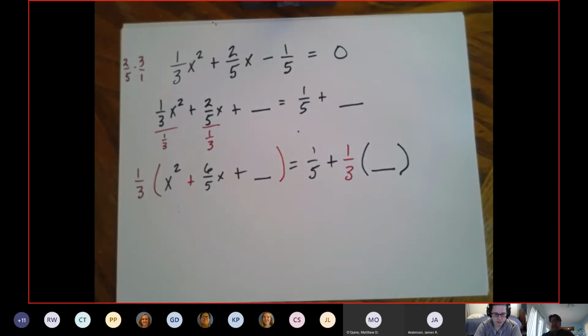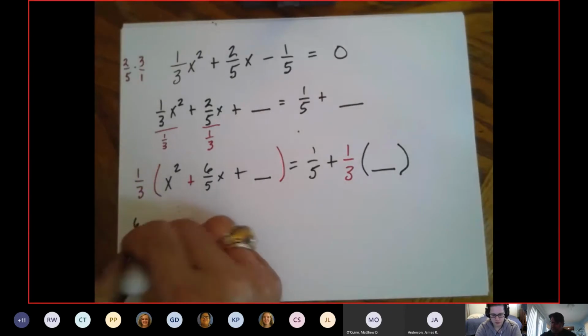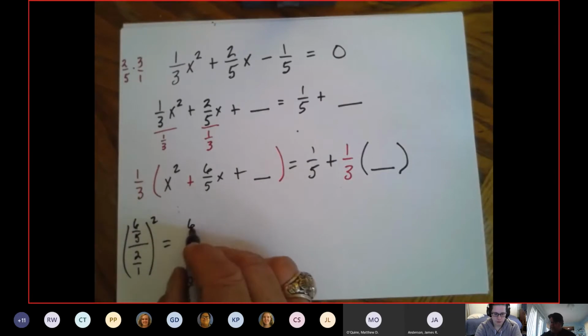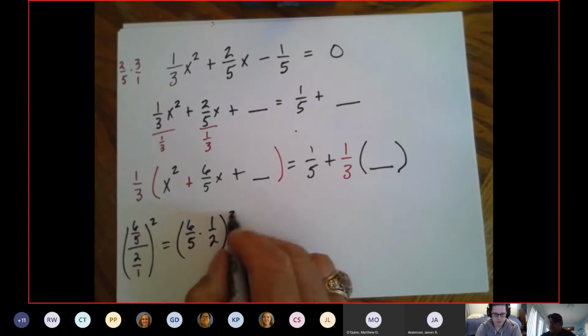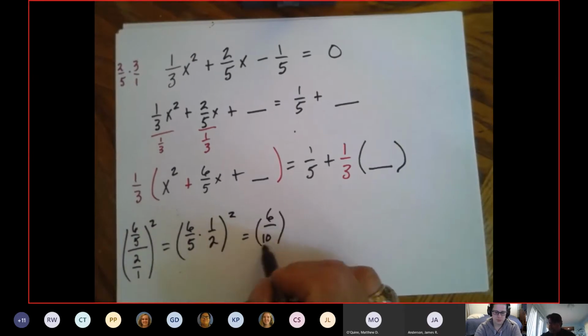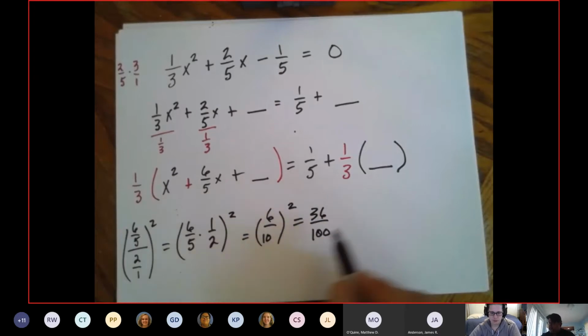Now I got to complete the square. So now I take 6/5, divide by 2/1, and square it, which is 6/5 multiplied by 1/2 and square it. 6/10 is 36/100. Does anybody notice how I did that? Somebody tell me how I did that.